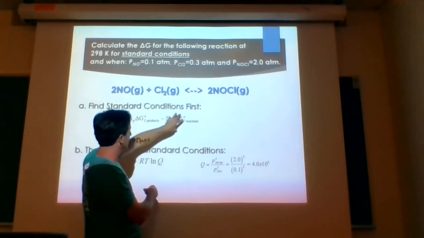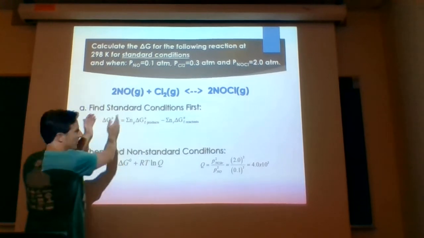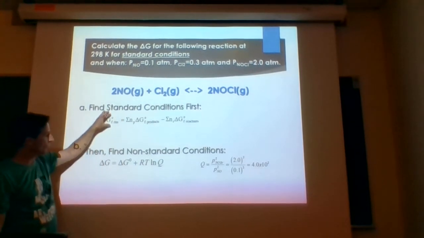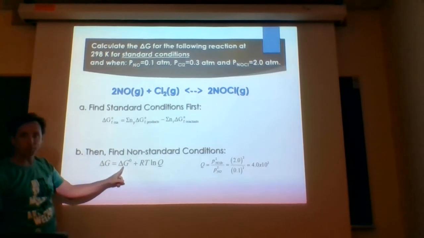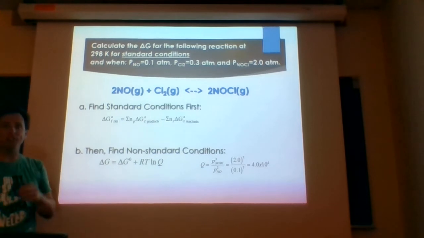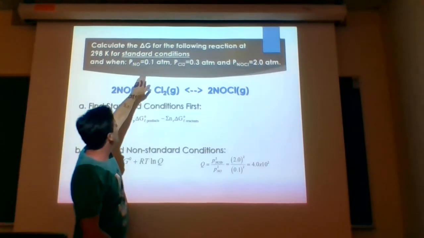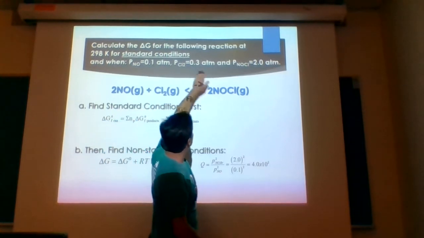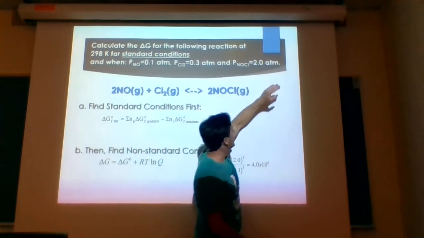Sum those up, and that gives me the delta G of the reaction under standard conditions. That value will come down and be plugged in right here for the second part of the problem. What's the delta G value when the NO pressure is 0.1 atmospheres, the Cl2 is 0.3 atmospheres, and NOCl is 2 atmospheres?